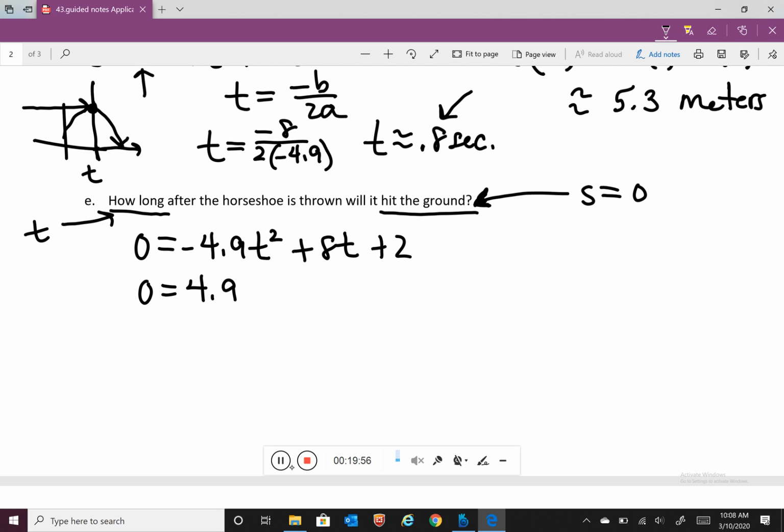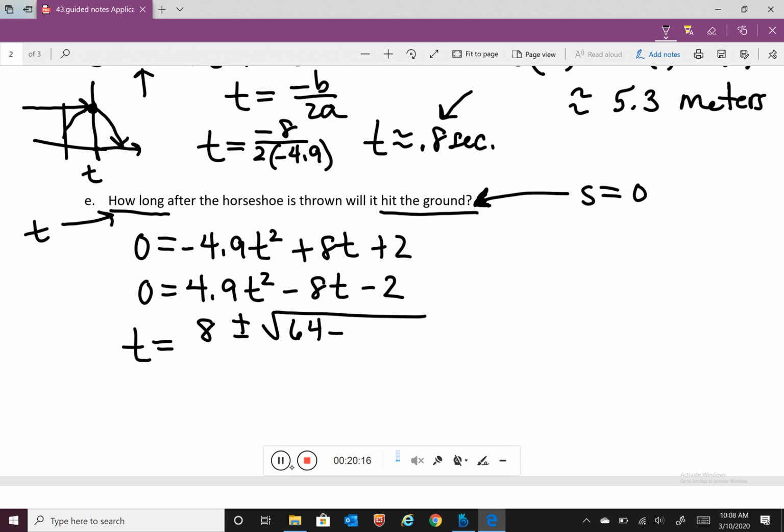So because this is now set equal to 0, we can multiply through by a negative, or divide by a negative, or just make everything negative. And so that gives us t is equal to 8 plus or minus the square root of negative 8 squared, which is 64, minus 4 times 4.9 times negative 2, all over 2 times 4.9.